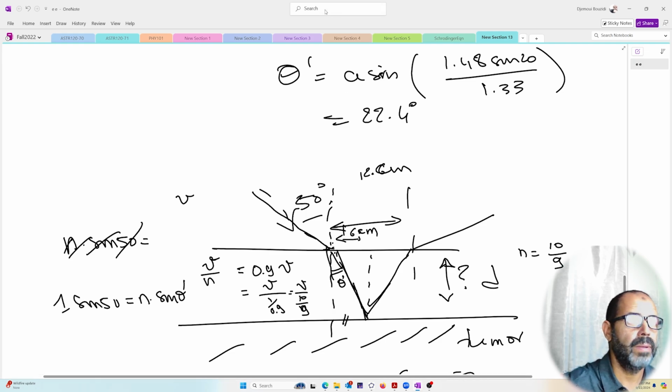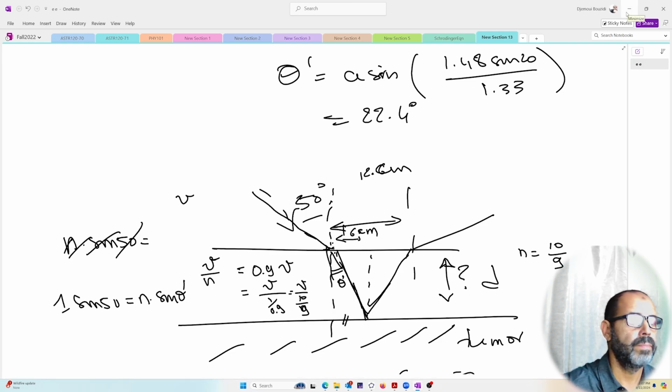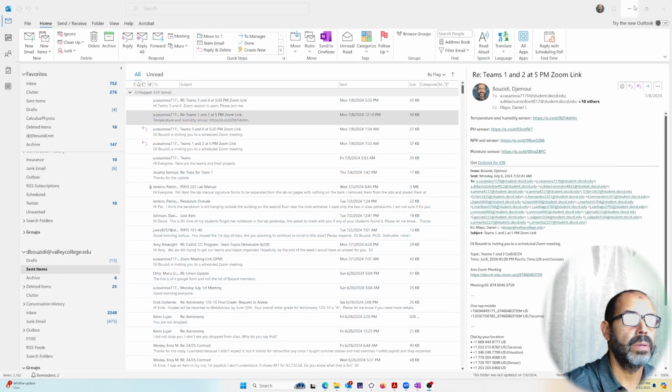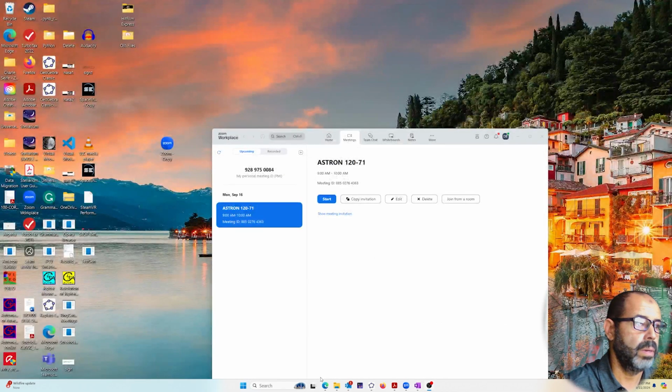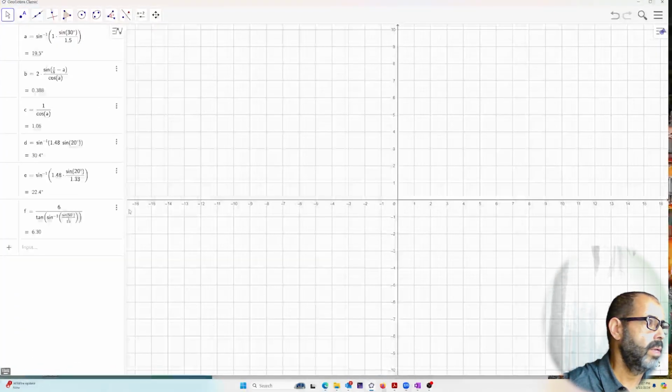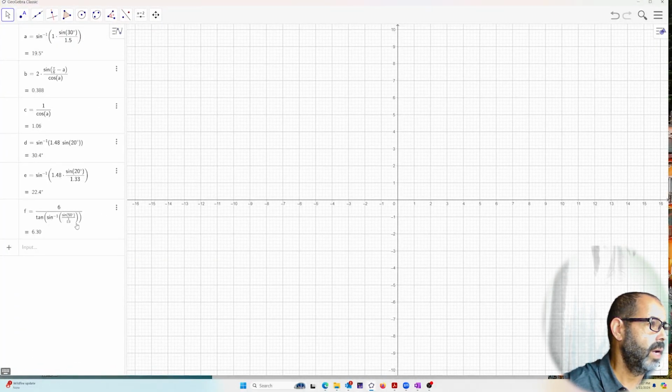And that's why in GeoGebra I wrote 1 over 0.9 or 10 over 9. It doesn't matter, it's the same thing. The numerator could be written 10 and the denominator 9, and the answer is the same.